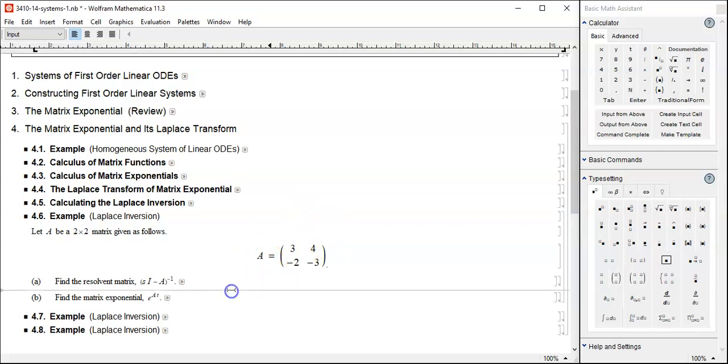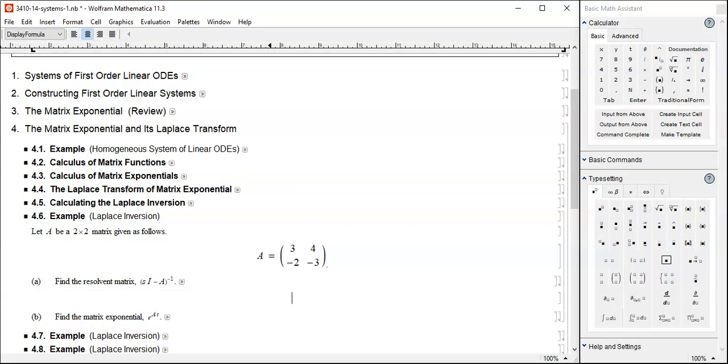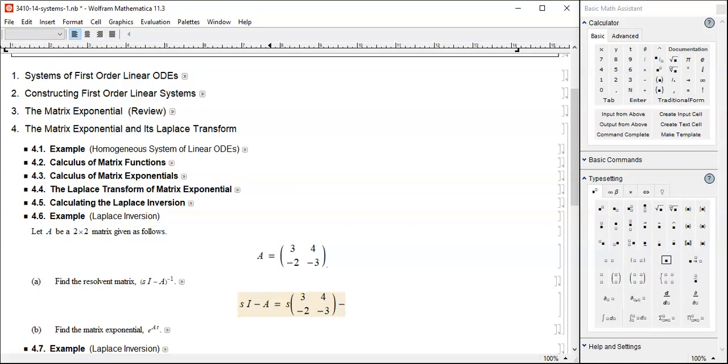How do we do that? sI minus A is, that's it, isn't it?